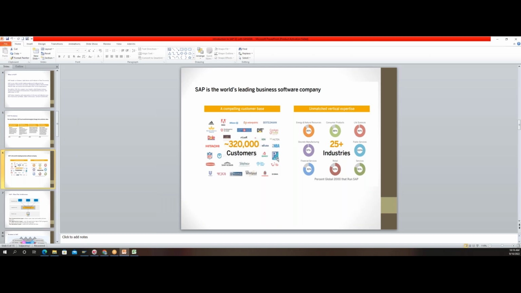What does it mean? It means SAP has some predefined building blocks and best practices, which can be used directly to serve and support the needs of the respective clients who fall under the different industries.